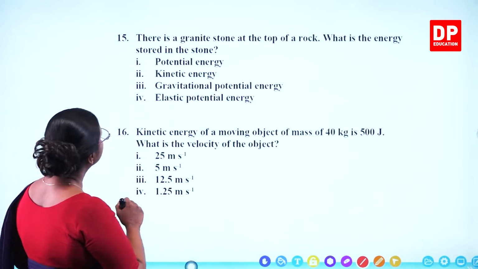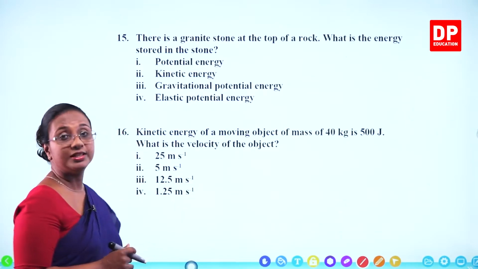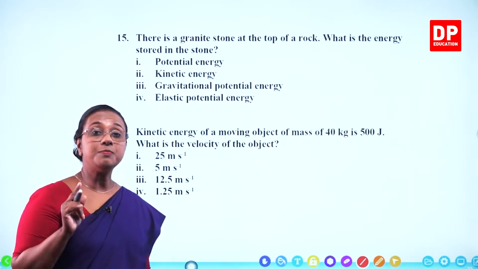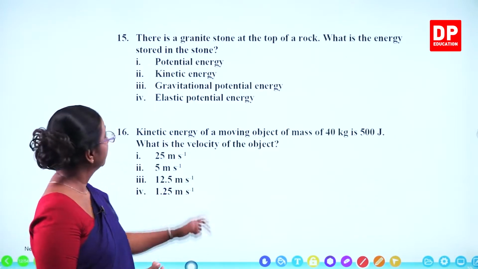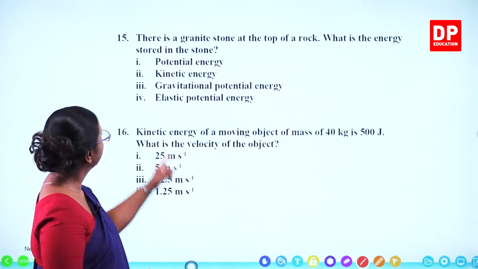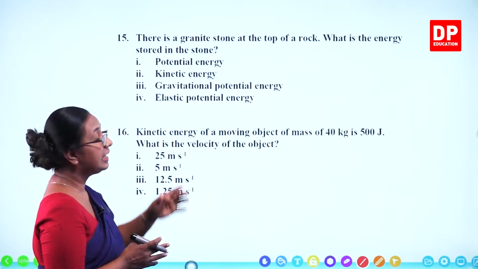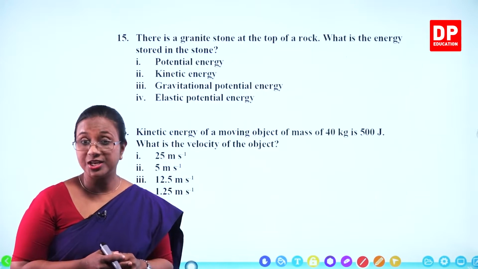If we look at the answers, potential energy, it is correct, but you have to check all the answers. Kinetic energy, that is the energy possessed by an object when it is in motion, a moving object. So that is not relevant here. So here, like you all can see, students, gravitational potential energy, elastic potential energy. Both of them are types of potential energy.